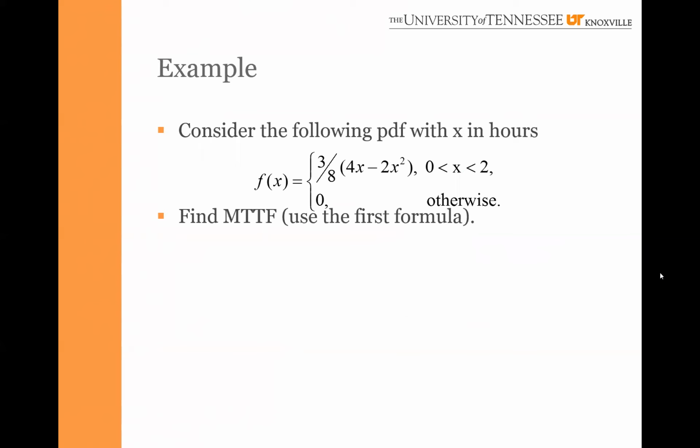Find the MTTF using the first formula, which was E of t equal to the integral from -∞ to +∞ of t f(t) dt. I'll let you quickly do this, and then we have another exercise for the other approach that I introduced.